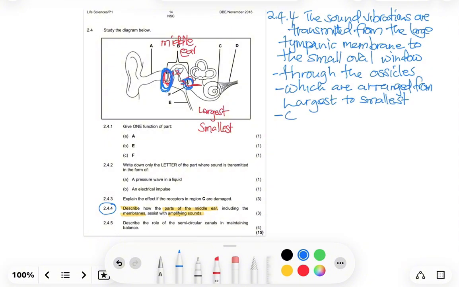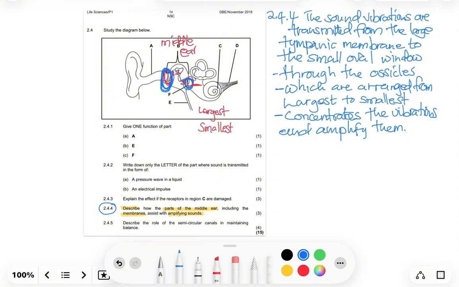This has a tendency of concentrating, so this concentrates the vibrations and amplifies them, right? Okay, so the vibrations will be concentrated and amplified as they move out of the oval window. Right, so that's our question 2.4.4.